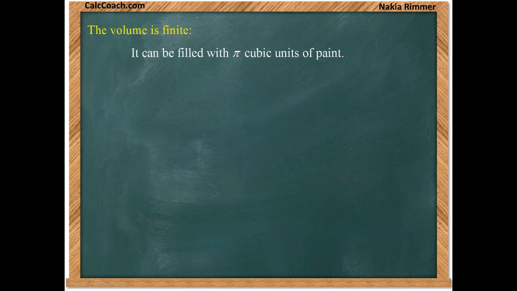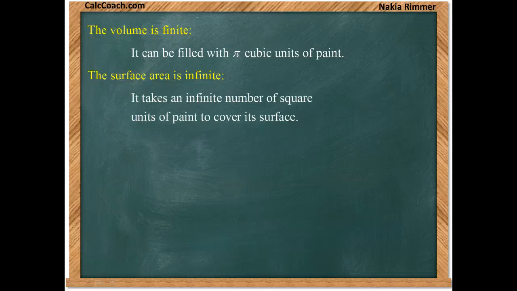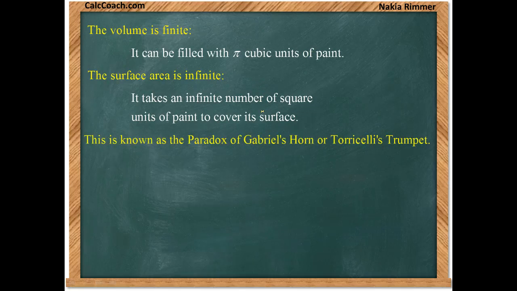If we were trying to get an idea of what it means for the surface area to be infinite, though, if we were actually trying to paint the surface, we couldn't do it. It takes an infinite number of square units of paint to cover its surface. So we can fill it with a finite amount, but when we try to paint it, it takes an infinite amount.